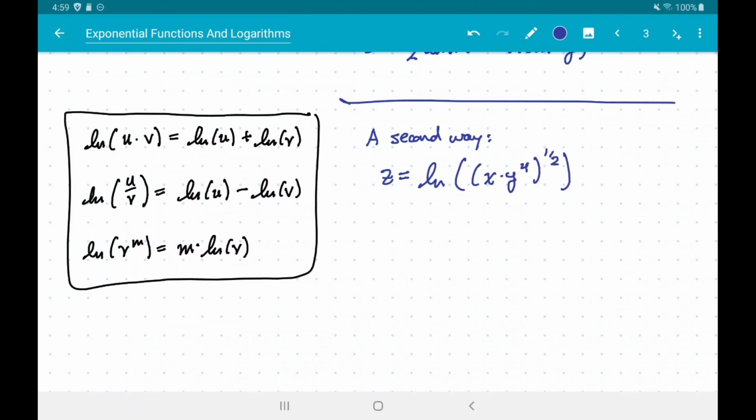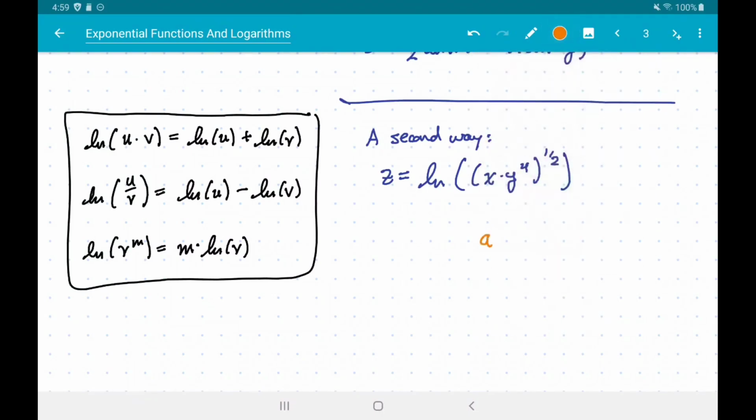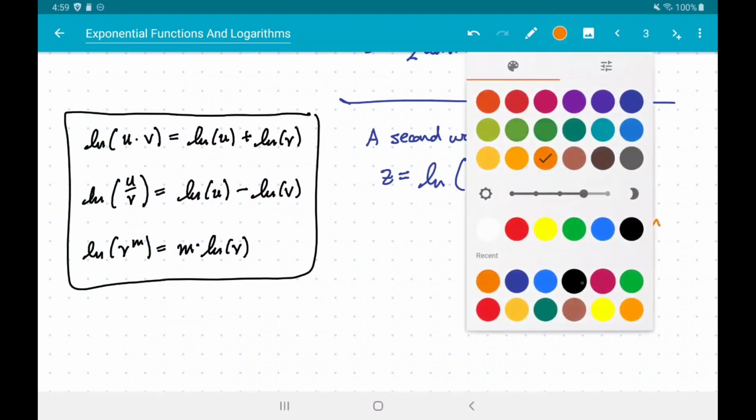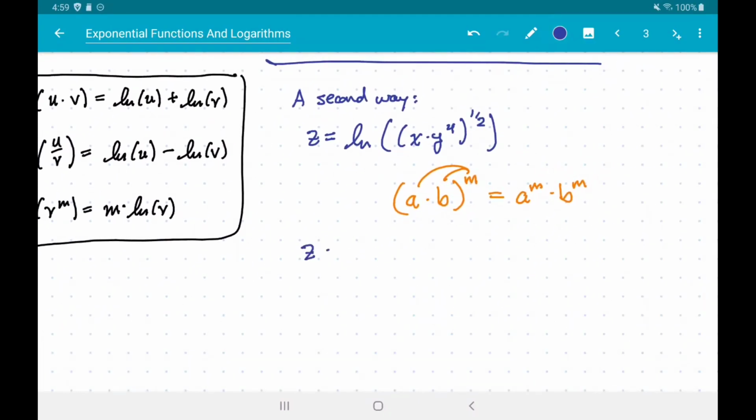Now, you should remember that if you have multiplication inside a power, so power m of a times b, that you can distribute the power and write a to the m times b to the m. This should bring back memories of the algebra test.